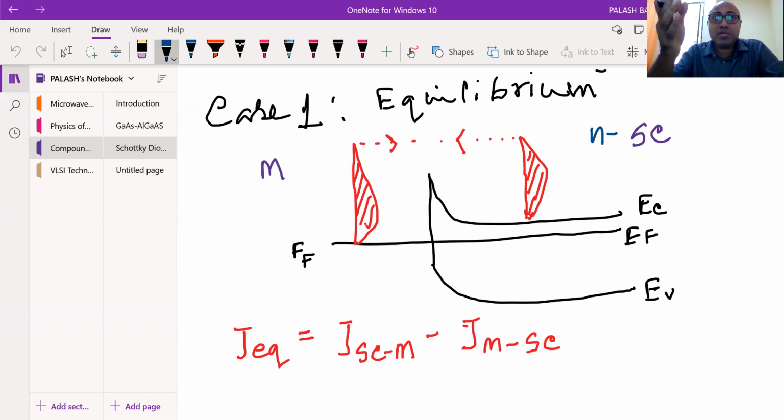So if you see which part is drift and which part is diffusion, in a Schottky junction diode there is no diffusion component in the current. Just follow it, you will see. The moment I apply some voltage.